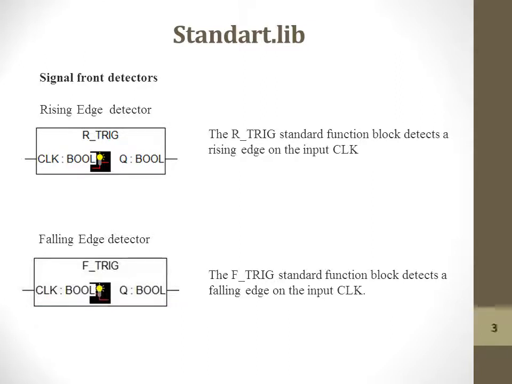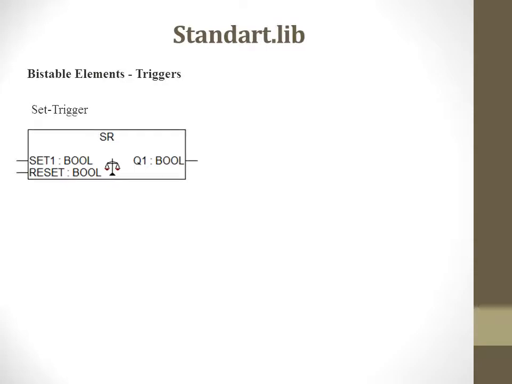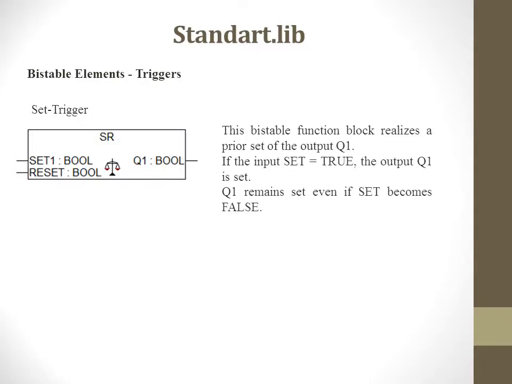The next set of function blocks contained in the standard library is bistable elements, or we call them triggers. First, the set trigger. This is how we designate this block in the picture, and we talk about the functionality of this element. This bistable function block realizes a priority set of the output.